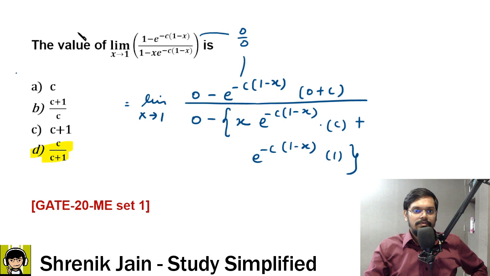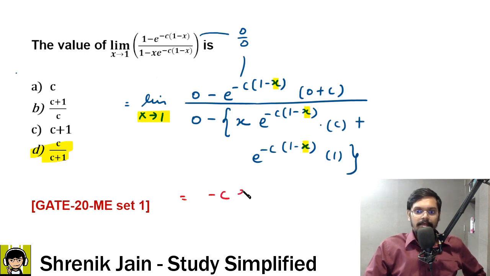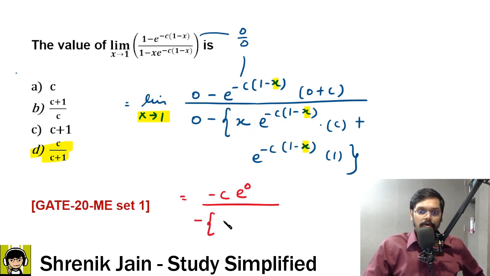Sir, now what do we have to do? Now we have to say that x tends to 1, so when x tends to 1, please tell me, is it 0 by 0 again? No sir ji, it is not 0 by 0. Now this is minus 1 into c, which is minus c, then e to the power minus c into 1 minus 1, so e to the power 0, divided by, we have minus outside, inside the bracket x is 1, so this is c, and e to the power 0, which is c.